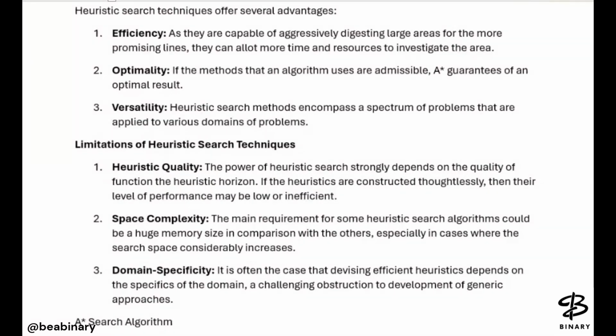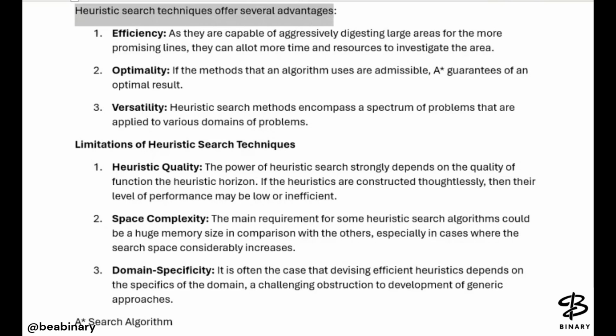Now, versatility: when we talk about big data, we are talking about a variety of data in different kinds of formats. Or when we are talking about problems, various problems come under various domains. A number of problems apply to various domains, not domain specific. So heuristic search techniques offer several advantages.